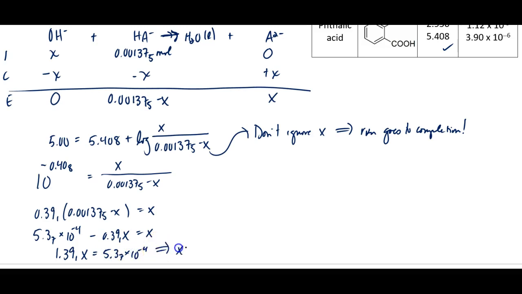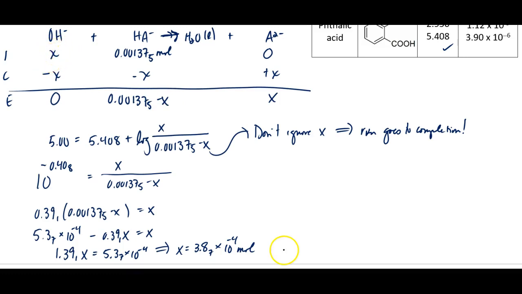And then dividing both sides by 1.39 gave 3.87 times 10 to the negative fourth moles. And that's the moles of A-2 that we made. That's the moles of HA- that reacted. And it is the moles of OH that we need to add.